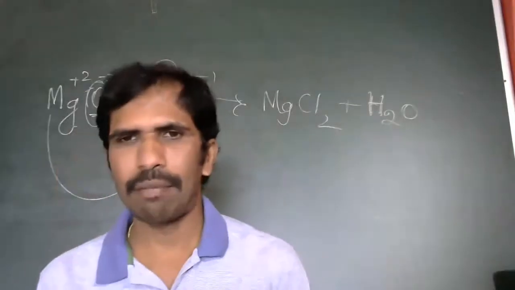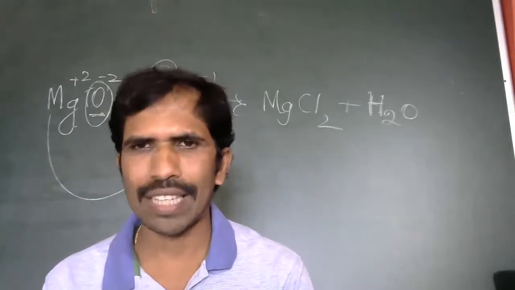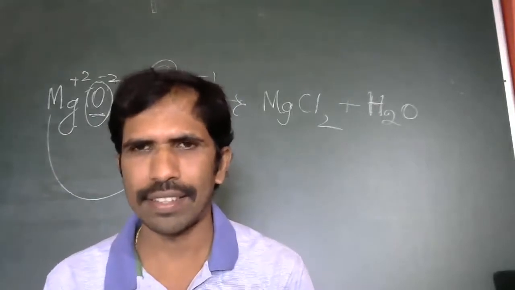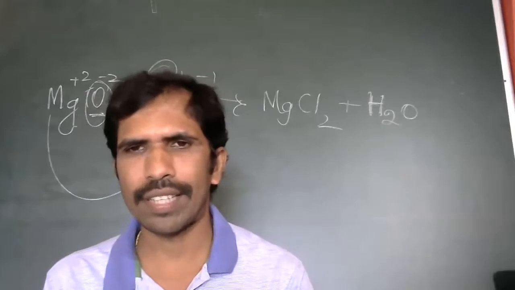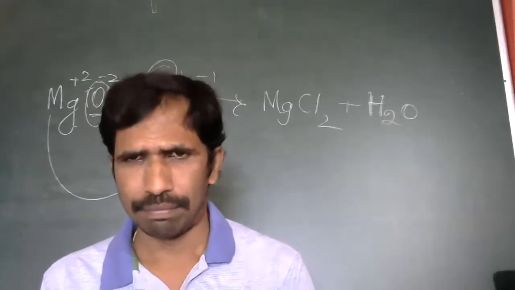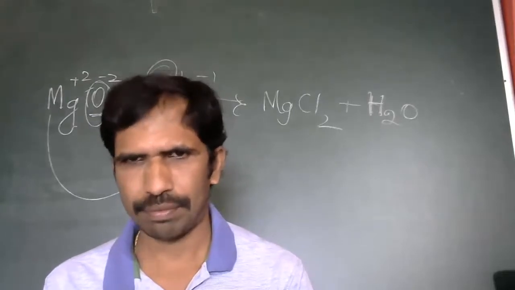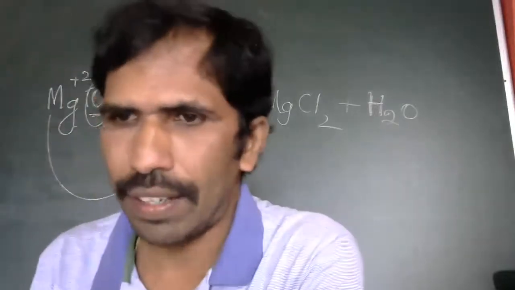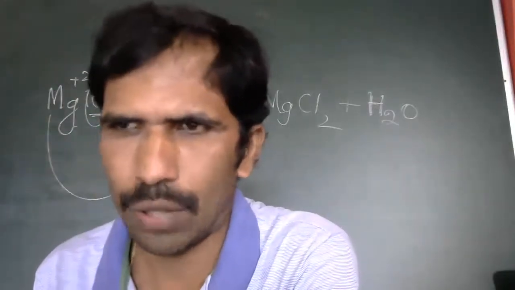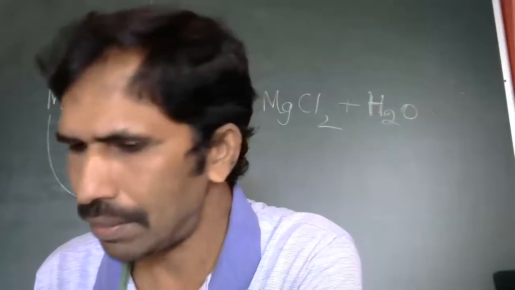So magnesium oxide is a metallic oxide. When this metallic oxide reacts with HCl, hydrochloric acid, it forms MgCl2. That is, a salt is formed and water is liberated. This is how the metallic oxide reacts with an acid. I hope you are getting my point. If you have any doubt, ask me.